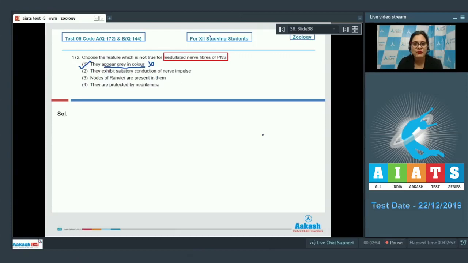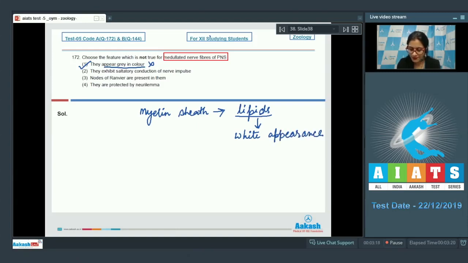Medullated nerve fibers, which are covered by myelin sheath, are composed of lipids, and the presence of lipids gives a white appearance to these neurons. On the other hand, non-myelinated nerve fibers appear grey in color.